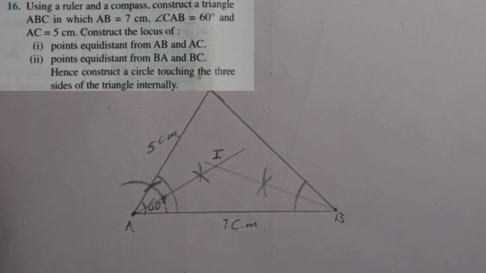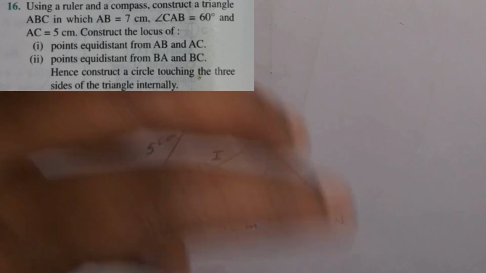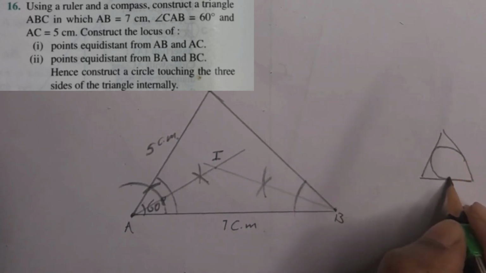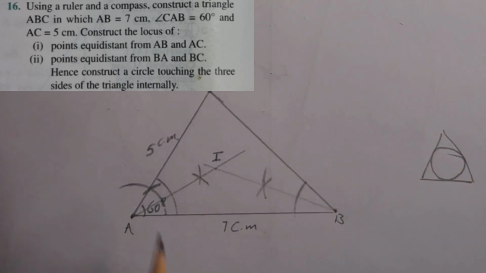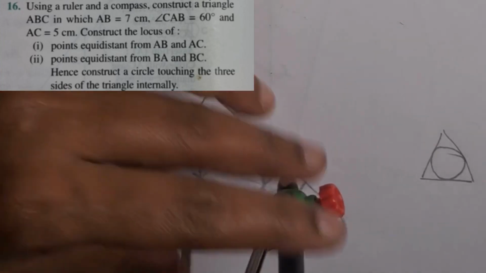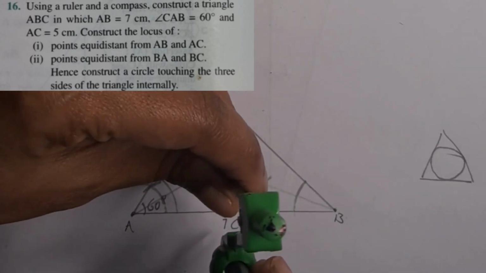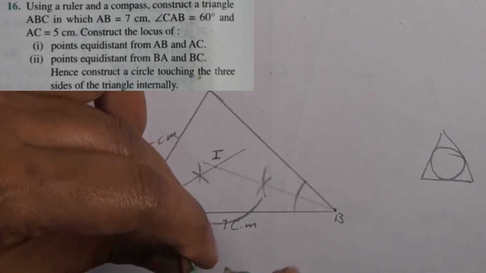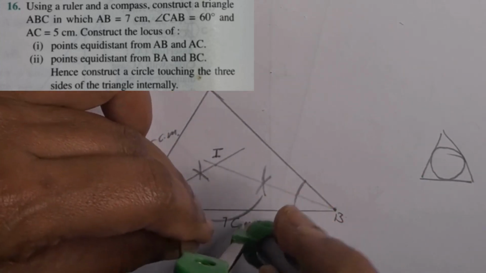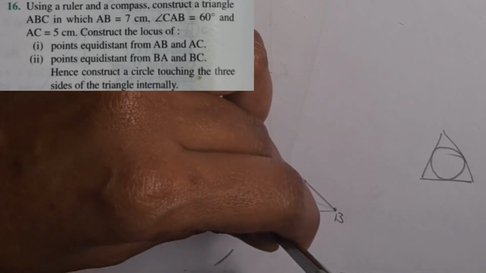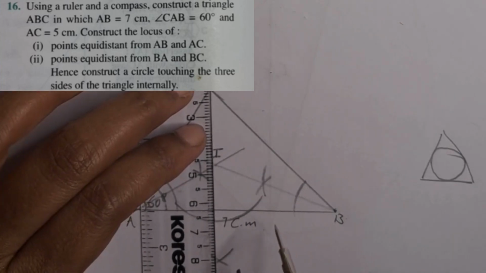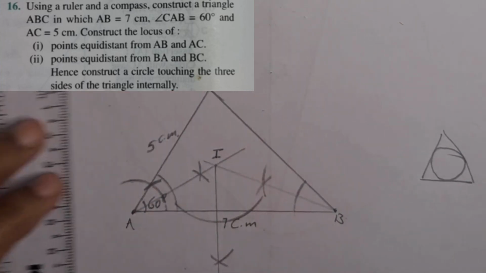Next, hence construct a circle touching the three sides of the triangle internally. Internally means this circle we have to draw inside of the triangle. Inscribed circle. So for the inscribed circle, from point I we have to draw one perpendicular line to the side.